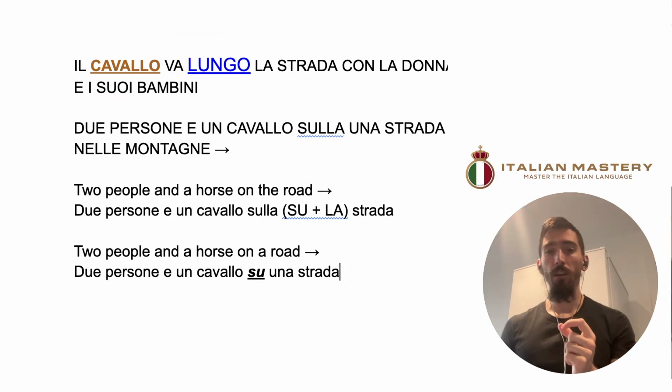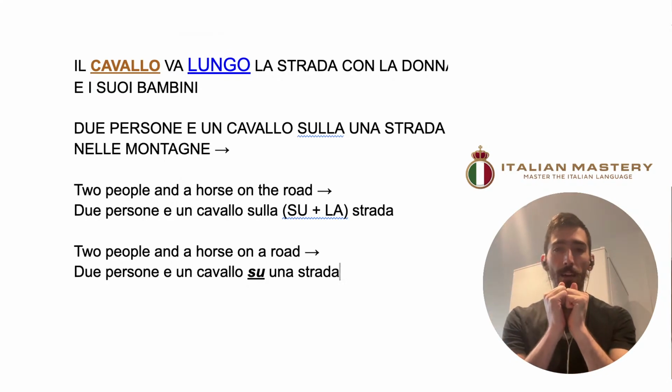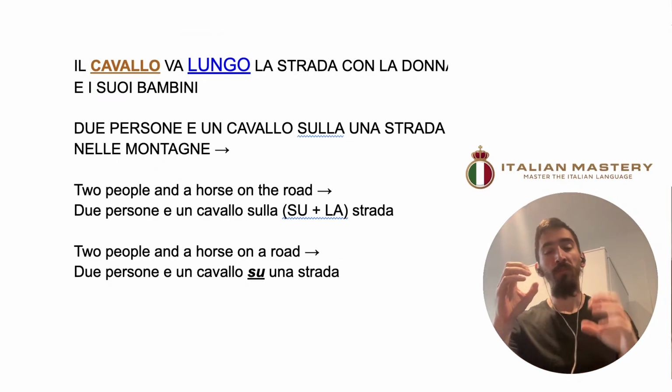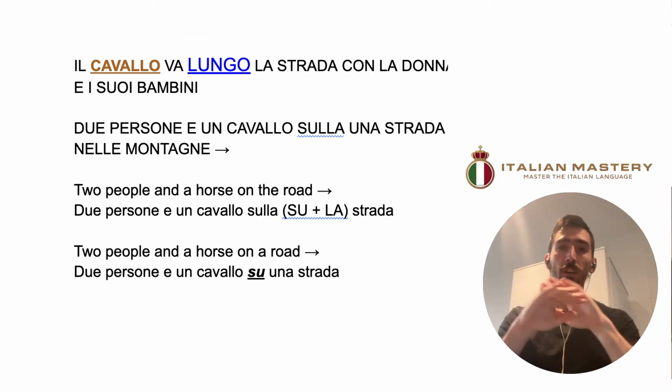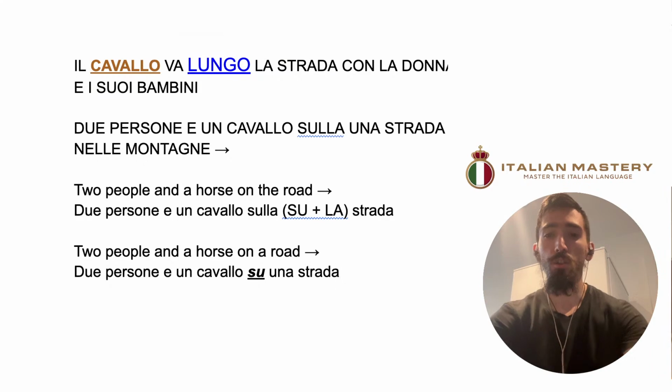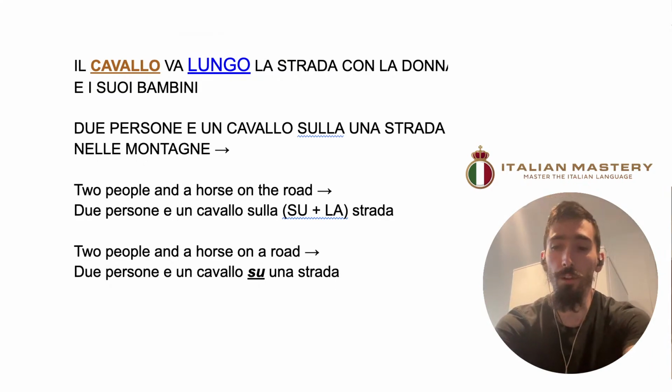When we have an indefinite article, we cannot have the articulated preposition. So the indefinite article and the simple preposition don't ever bind. They stay the way they are. So we cannot have them both. You can't have your cake and eat it too.